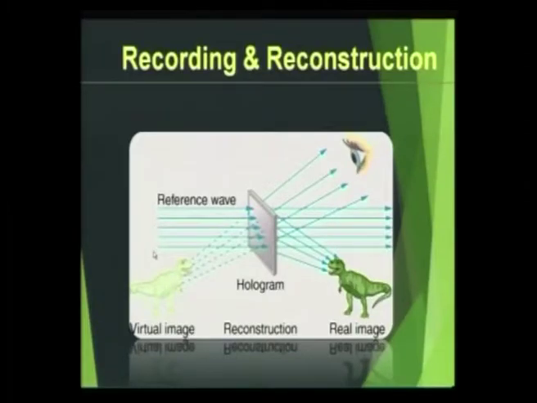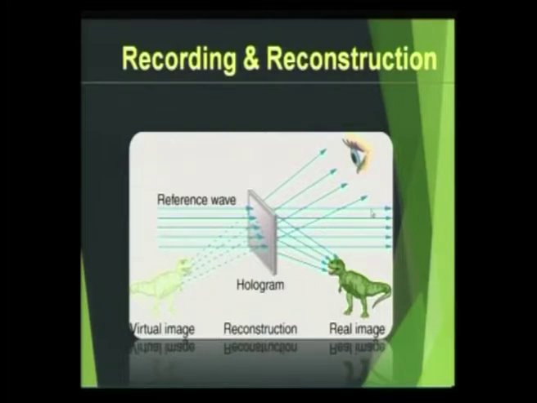This is a reference wave which I showed you earlier, and this is the real image. This is the so-called virtual image one can see by eye, and this shows how the reconstruction is being made.